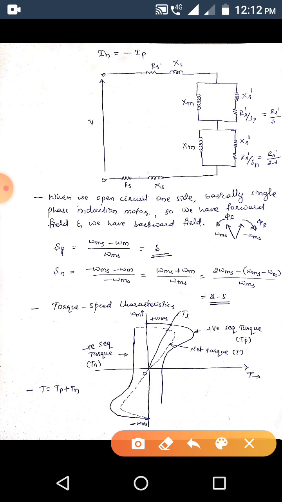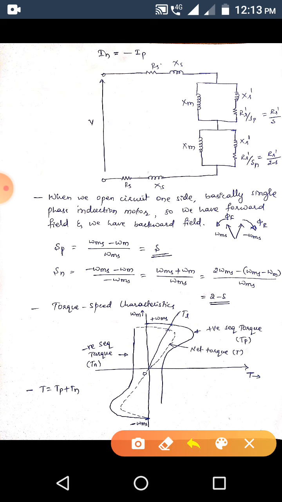Then let us connect the negative sequence winding. Xm reactance here, then the resistance, connected back to the power supply. So Rs and Xs here are connected with the supply voltage V.